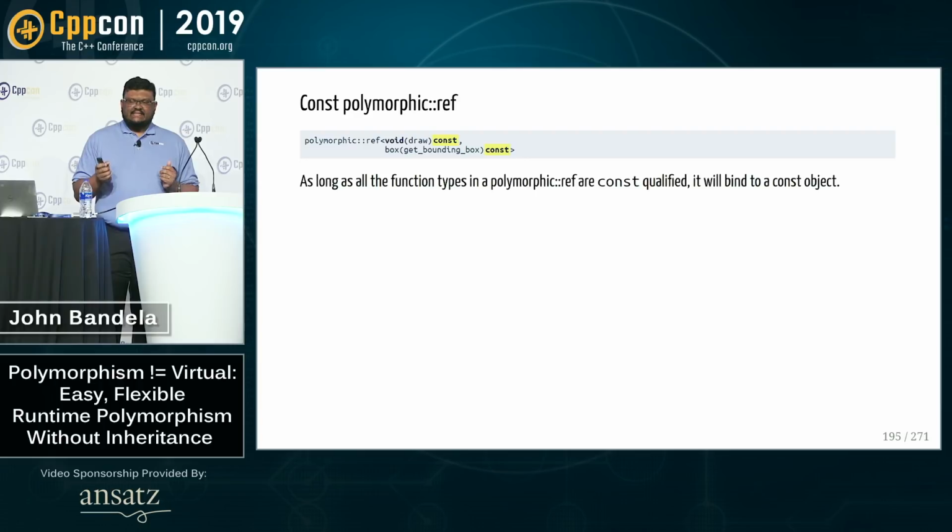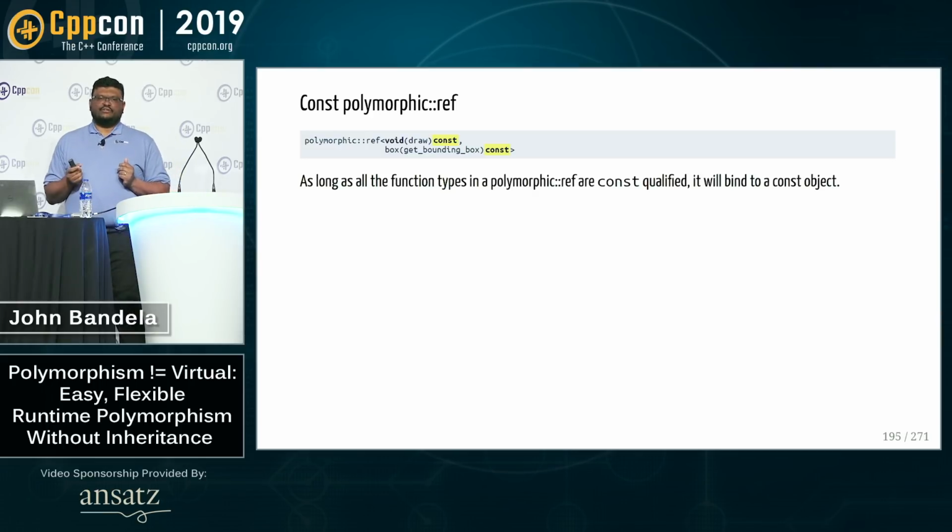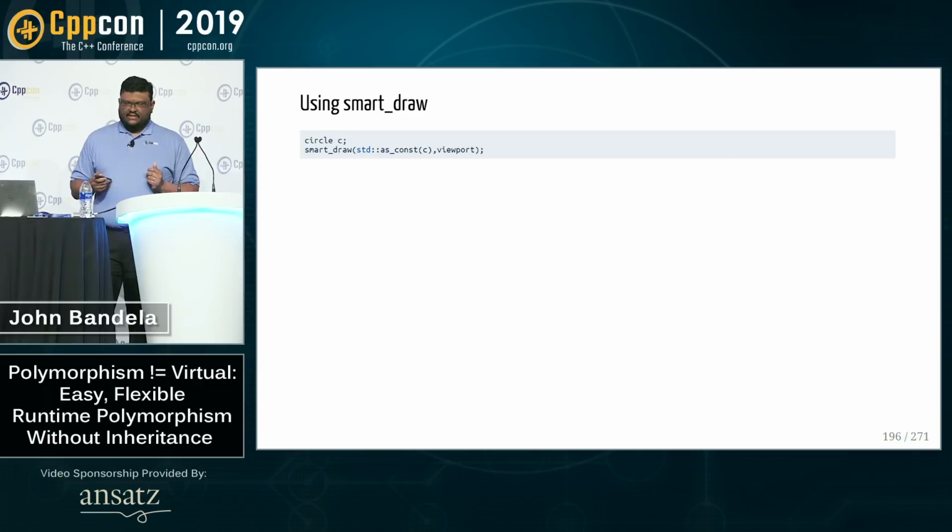So we can basically say, can I ever change you through this ref? And by looking at the list of the signatures, we can know that you can't and automatically make it const. All right, so using SmartDraw, right? So I can do circle, and I can use asConst to pass a constant reference to SmartDraw. All right, so now I've covered my reference.